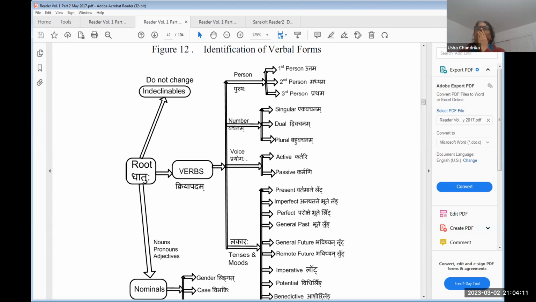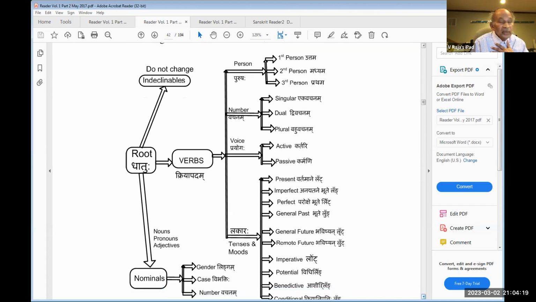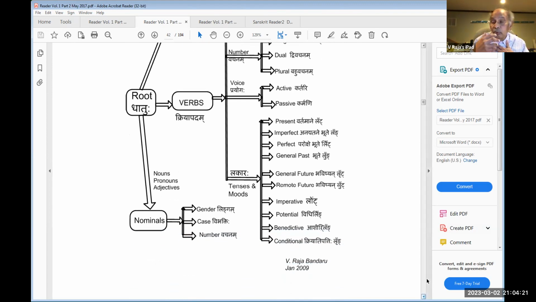Or voice, prayoga: Kartari, active voice, Karmani, passive voice. When you use Karmani Prayoga, it looks very wonderful. That's why most of the poets use Karmani Prayoga, passive voice.